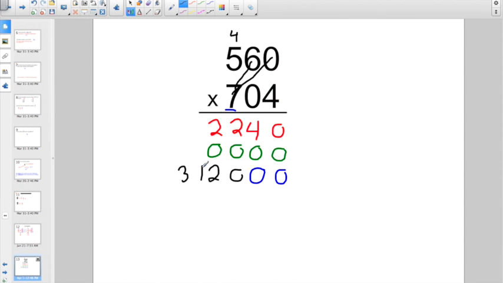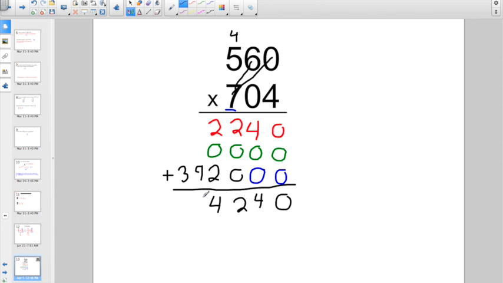Once I have everything lined up nice, neat, straight, with enough room, then I can go and add. 0 plus 0 plus 0, hey, that's 0. 4 plus 0 plus 0, that's going to give us 4. 2 plus 0 plus 0, that's 2. 2 plus 0 plus 2, that's another 4.